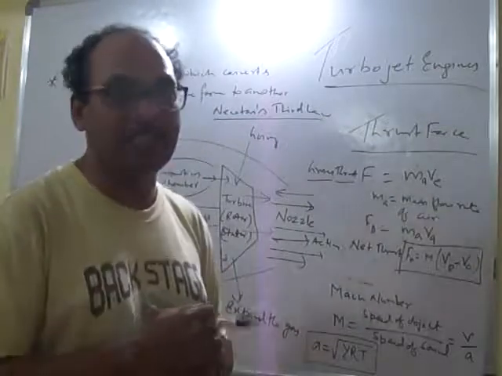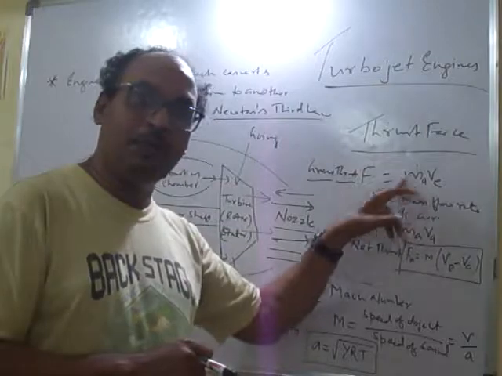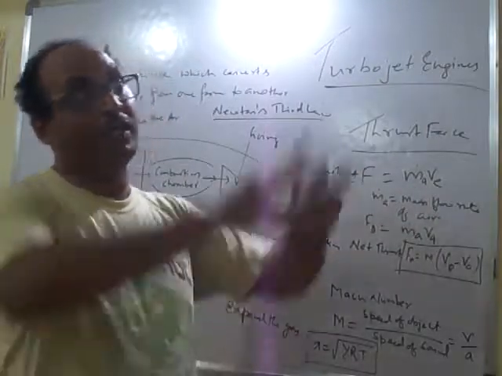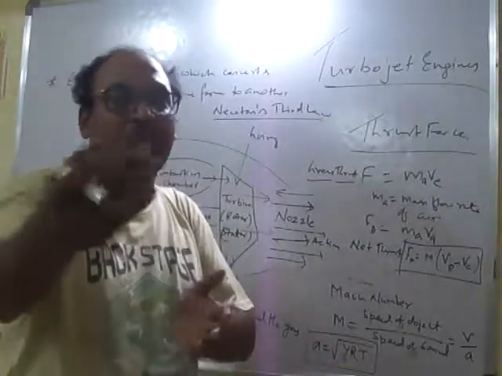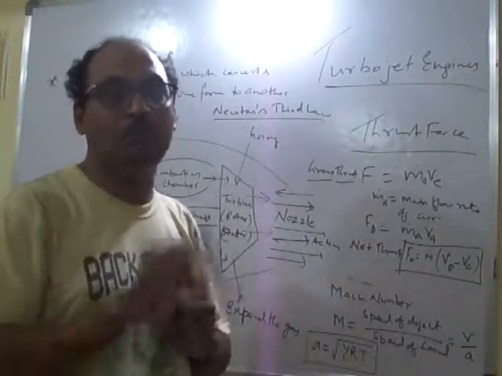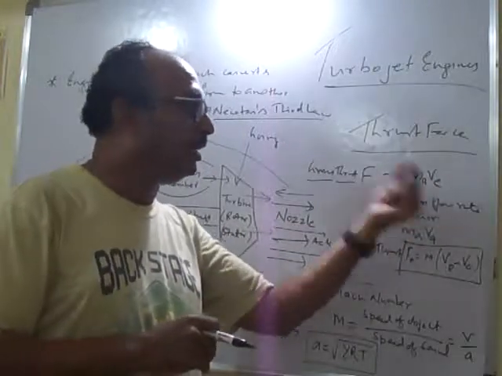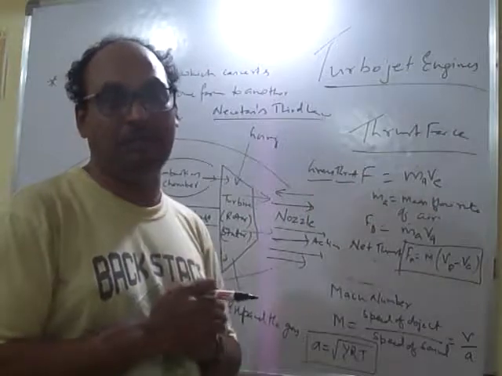If we want to increase the speed, we need more and more thrust, so we need to increase the mass flow rate of air. We have to capture a large mass flow rate of air, which is applicable for propeller engines, turboprop engines fitted with propellers, and another way is to increase the exhaust gas velocity.